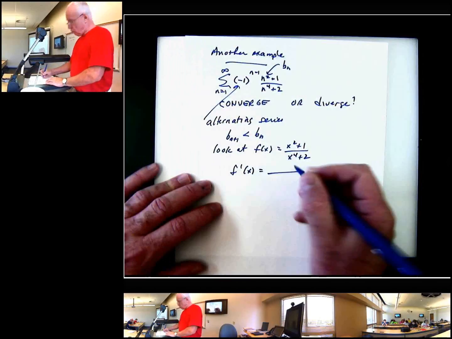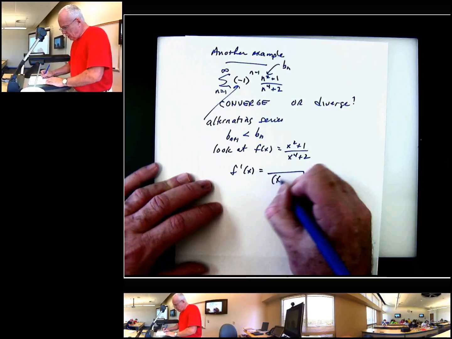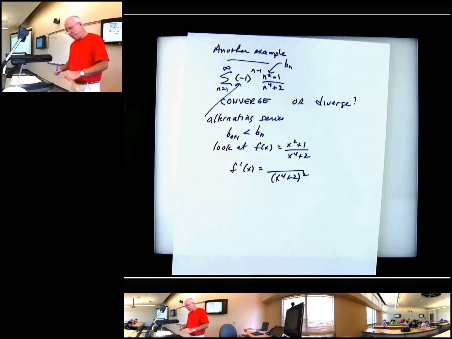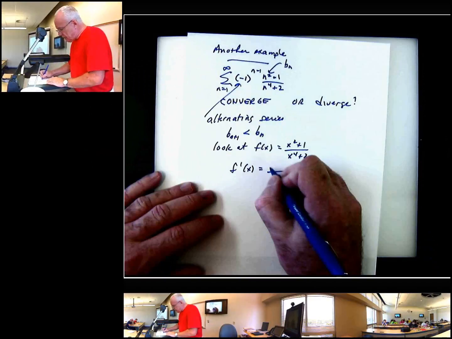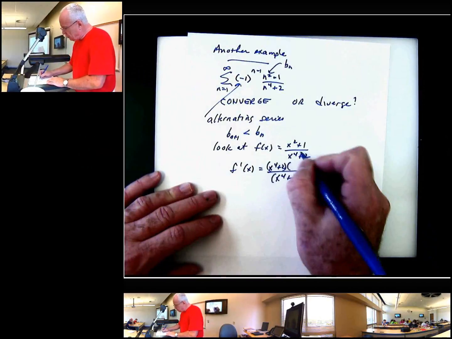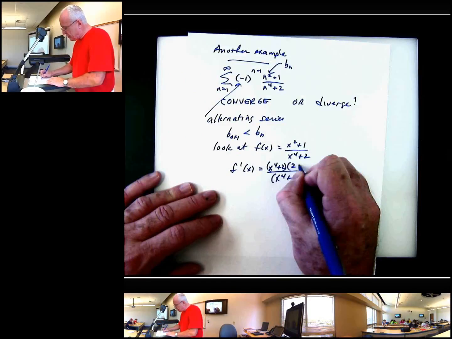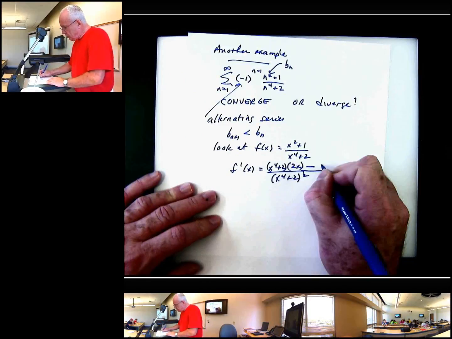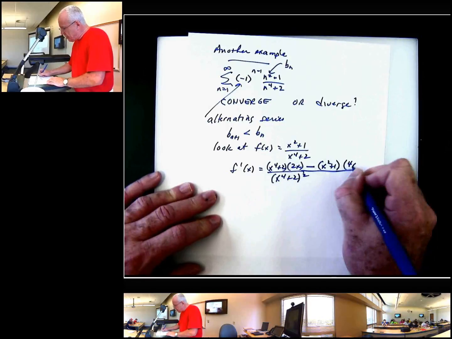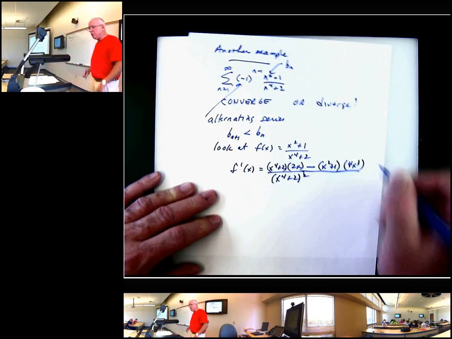Again, we have to use the quotient rule. So we have (x to the 4th plus 2) squared in the denominator. Then we take the denominator, multiply it by the derivative of the numerator, which would be 2x, minus the numerator times the derivative of the denominator, which is 4x to the 3rd.